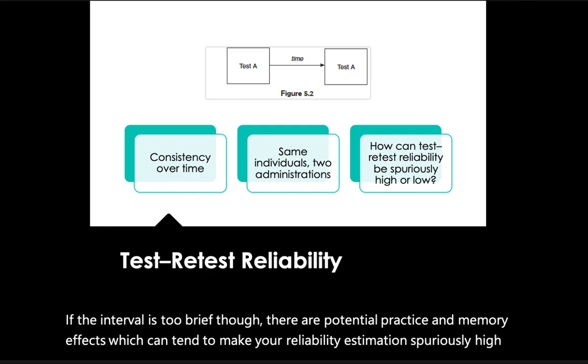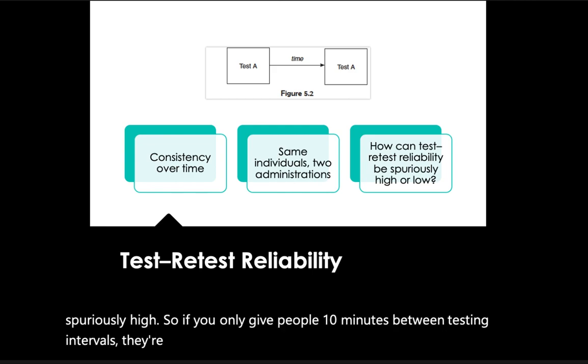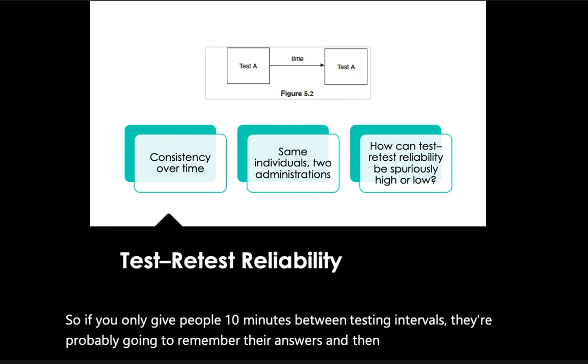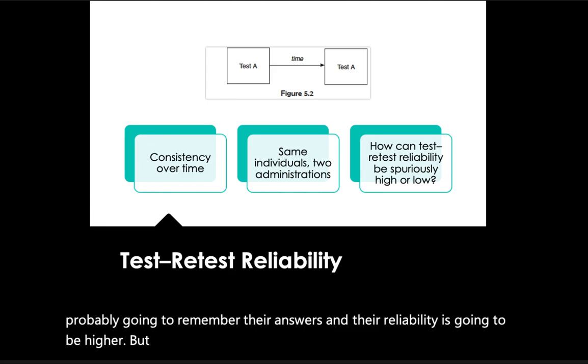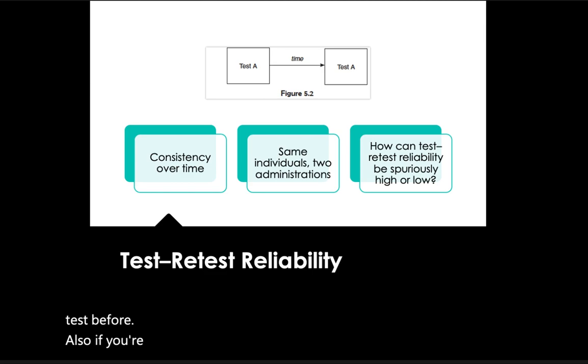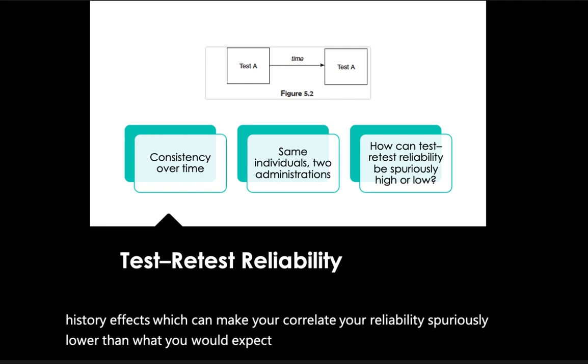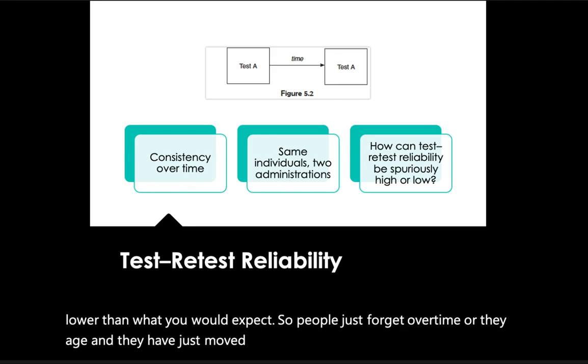So if you only give people 10 minutes between testing intervals, they're probably going to remember their answers and their reliability is going to be higher, but it could be due to the fact that they've been exposed to the test before. Also, if your interval is too long, you can suffer from maturation and history effects, which can make your reliability spuriously lower than what you would expect. People just forget over time, or they age and they have just moved on.